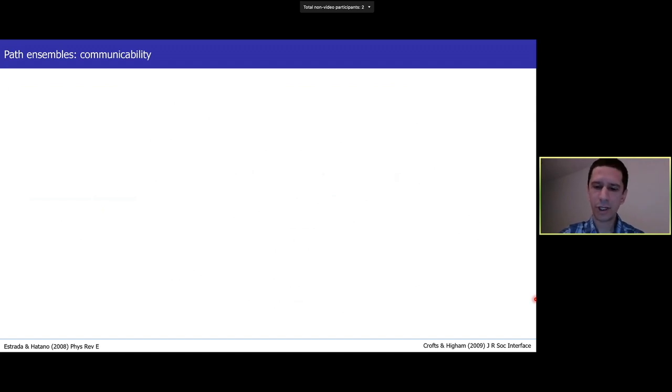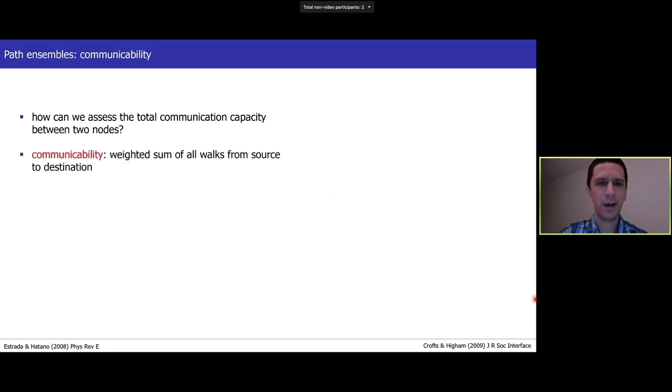One way that we can actually generalize the idea of path ensembles is not to consider just the top 50 or the top 100 paths, but to really consider all possible walks between a source and a target. And that brings us to the statistic of communicability. So how can we actually quantify the total communication capacity between two nodes without actually trying to say, okay, I want to consider just 50 or 100 or 1,000 paths between them?